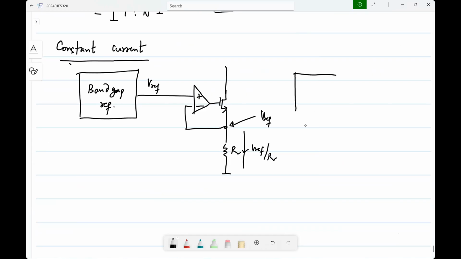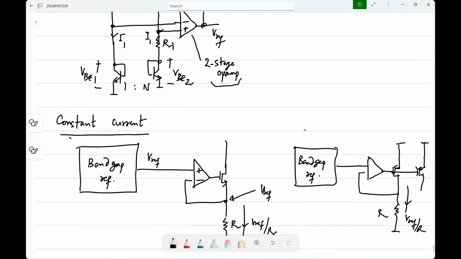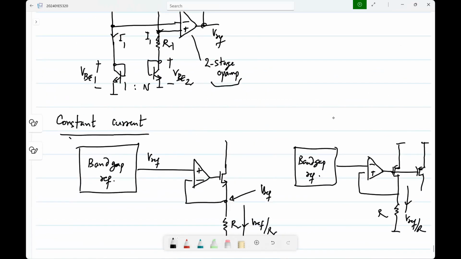Another variant is, so this you can do. That is, you make a voltage reference, and so again here also you have Vref by R, and then you can directly mirror them by replicating the gate voltage onto other transistors.